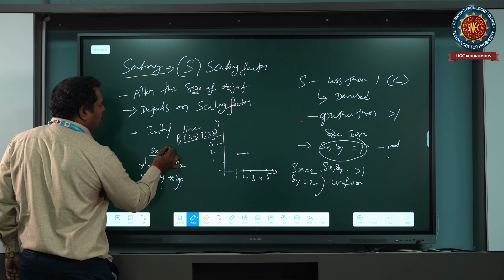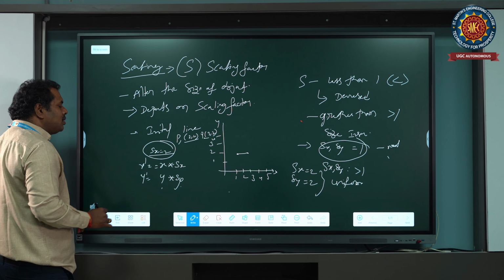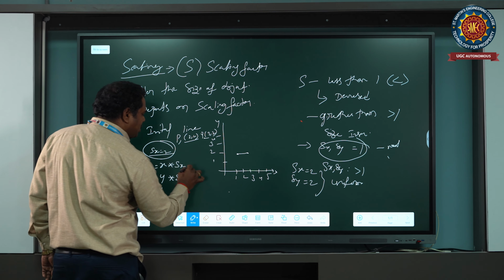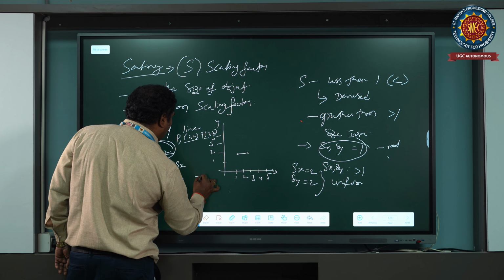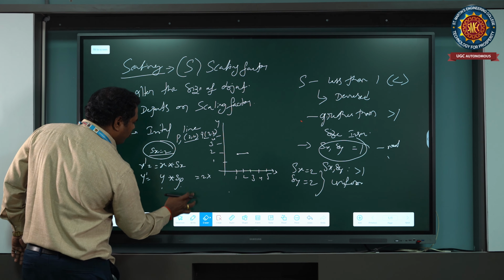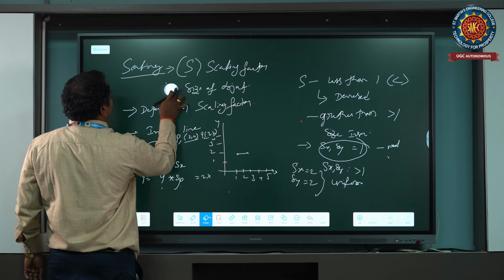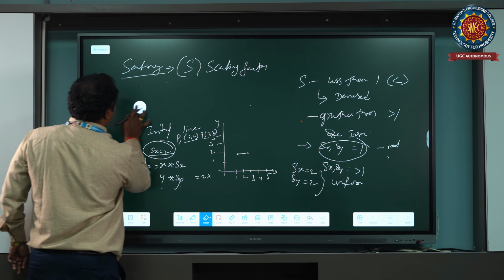Since I am giving only the Sx value, it will change the size in the x direction only. Then you find the new values of x bar and y bar.